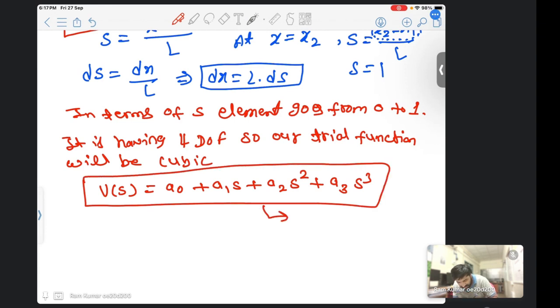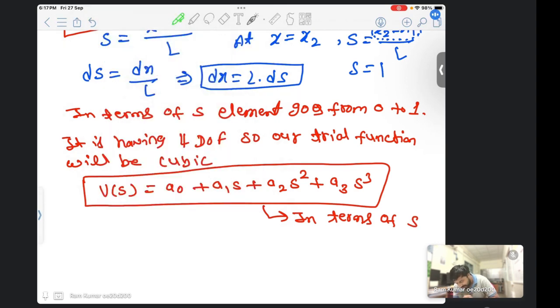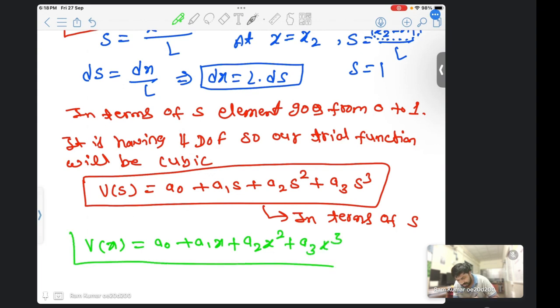If I say in terms of x, what will be v of x equal to? Something like a0 plus a1 x plus a2 x square plus a3 x cube.